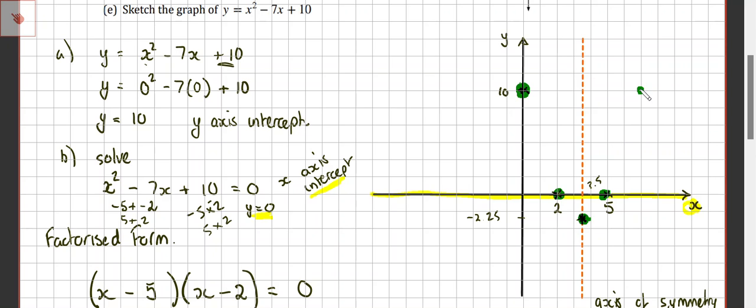I know it's going to go over there as well, at 10. Why do I know that? Good answer, that's exactly what I was hoping to get. It's a line of symmetry. Therefore, I know that these points are equal. If that's 10, I know there's another 10 the other side.